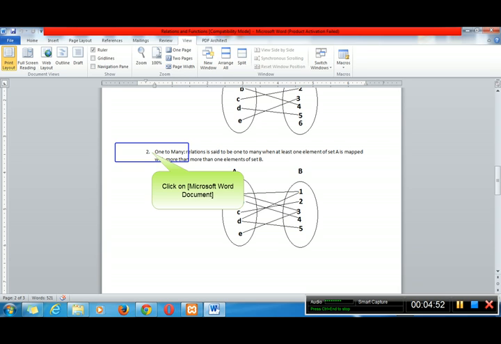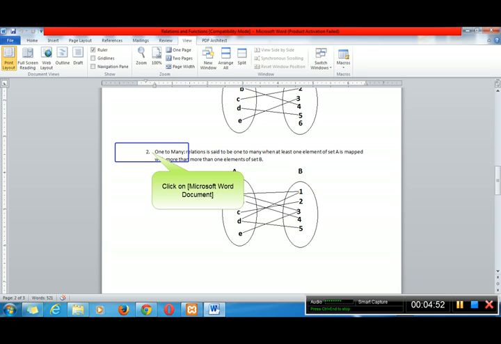It is not necessary that you map all the elements from B to some element from A. You can have one or more elements which are not mapped to any element, but wherever mapping exists, it is one to one. I think you have understood this.